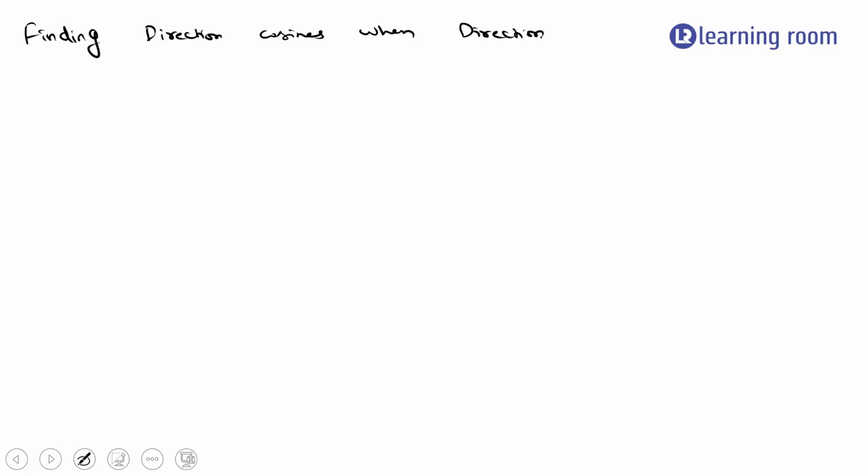So we need to start with the basic definition of the relation between them. Finding direction cosines when direction ratios are given. So how do we do that?